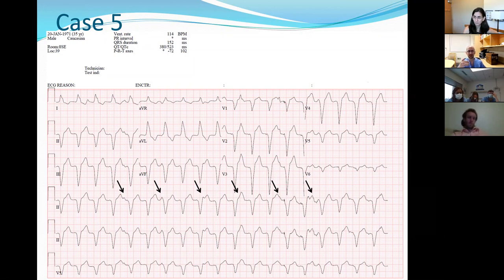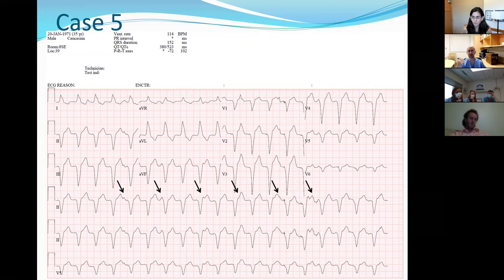Other things on this EKG is that there is negative concordance. So when you look at all of your QRS complexes in leads V1 to V6, the precordial leads, they are all negative. If you see them all negative, that makes it more likely that this is VT. Same thing if they are all positive, it makes it more likely that it's VT.